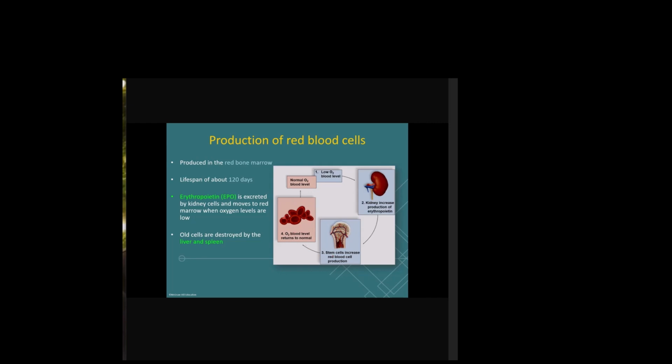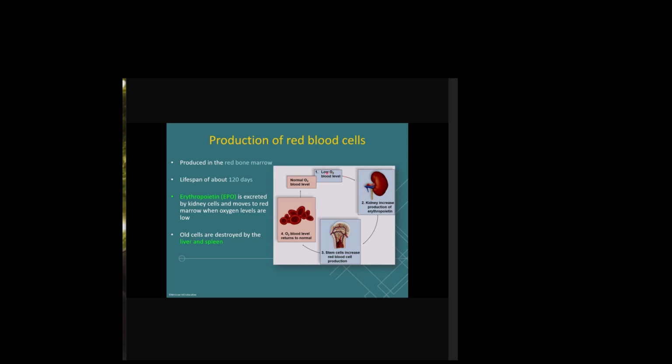When they reach this high amount, the red blood cells will enable more oxygen to be carried, and when more oxygen is carried and brings the level back to normal in the blood, those sensors will be turned off and no more instructions will be sent to the kidneys. So it goes into this feedback. It's like negative feedback.